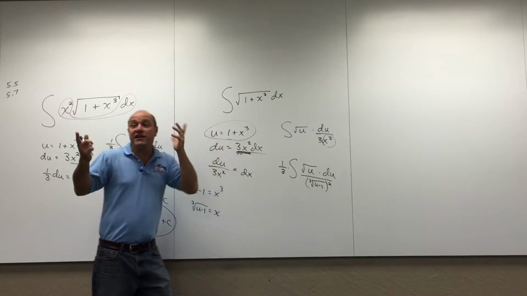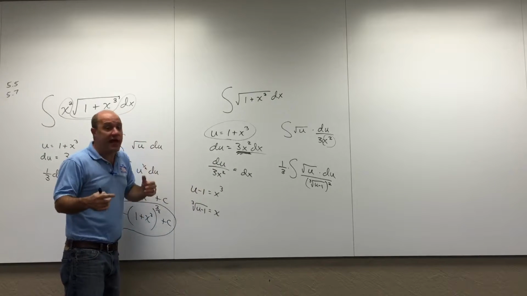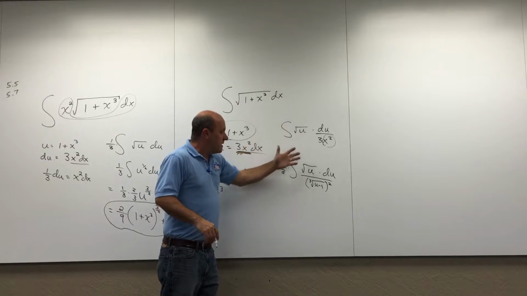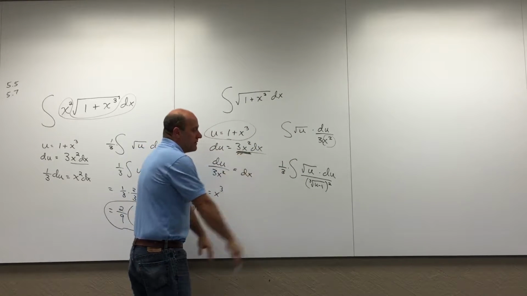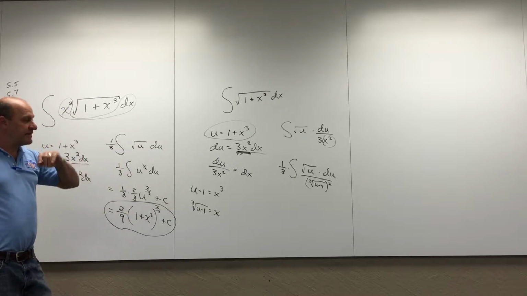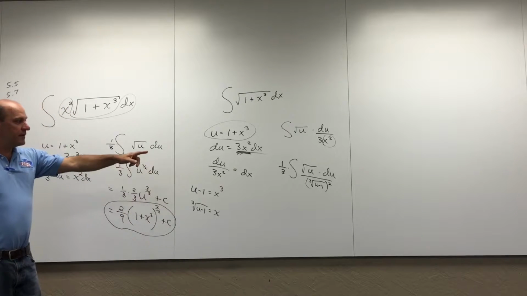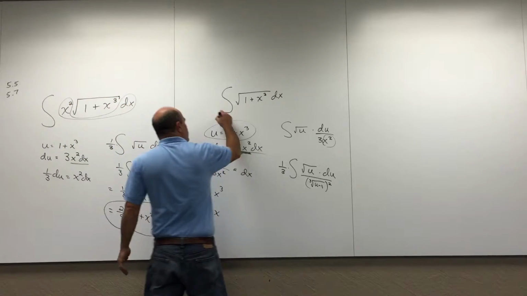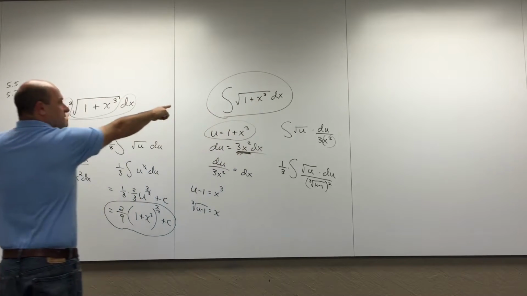So I did do the change of variable process, and I had to get creative. I had this extra x squared, but it's leading nowhere. I mean, I can't integrate that, and I don't want to go any further. Well, what's my point? My point is, can you see the difference in these two problems?